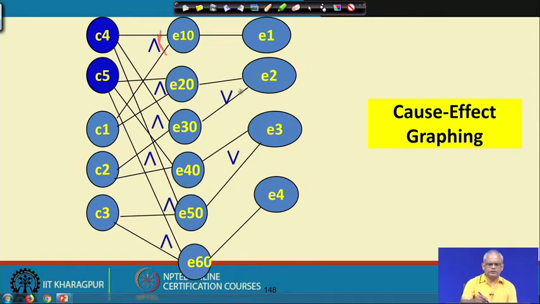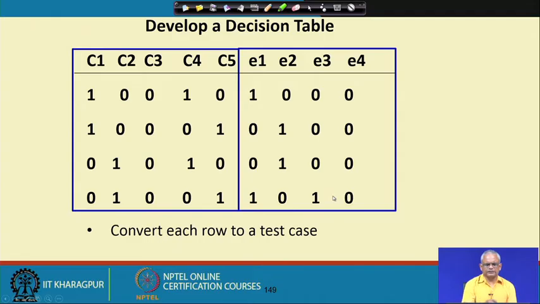We also have a constraint in the form of OR: if any of these holds, then the action is E 2, and so on. We can easily translate the input into this graph form, the cause effect graph, and once we have done the cause effect graph, this can easily be translated into a decision table.